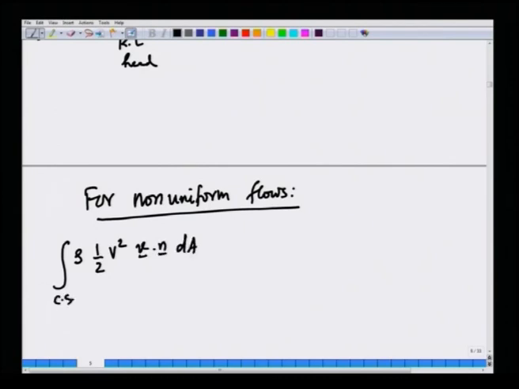If you are thinking about the outlet, v dot n is positive. If you are considering the inlet, v dot n will be negative, but essentially you will have to evaluate an integral of the form half v cubed dA, where v is a function of the cross sectional area.